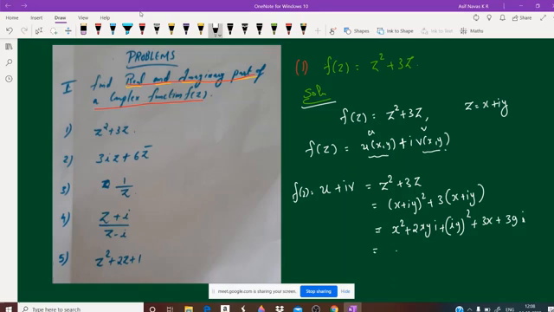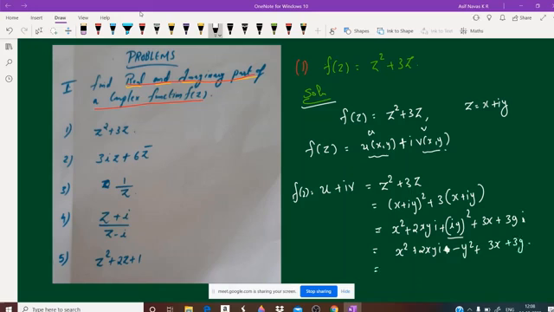You know that i square is minus 1. So minus y square plus 3x plus 3yi.